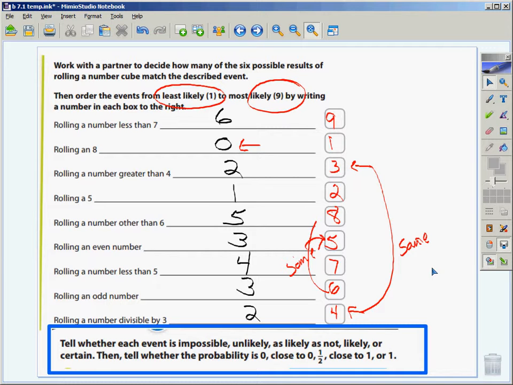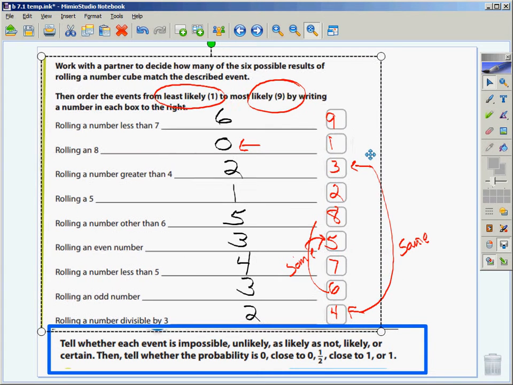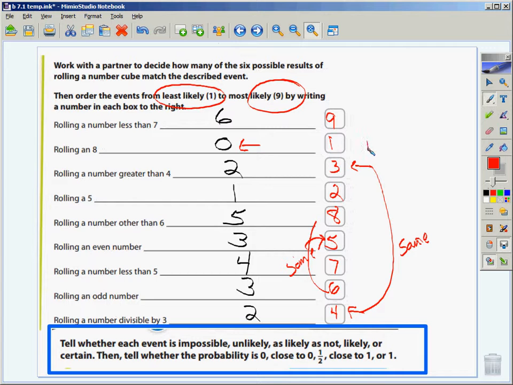Which one's impossible up here? Rolling an 8. This is impossible. I've seen 9-sided dice, but we're talking about a number cube. It's not going to be 9-sided if it's a cube. So this is impossible. In other words, it's at 0.